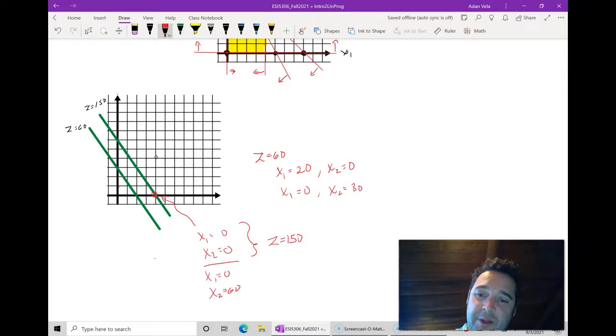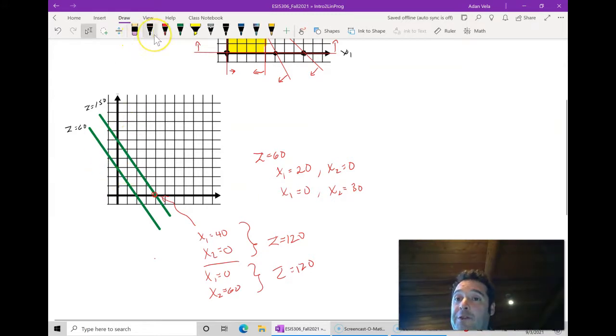Sorry, that should be 40, so that should be 120. Right. So if we plug this in, we get z equals 120 again. So anything on that line has the same objective value.